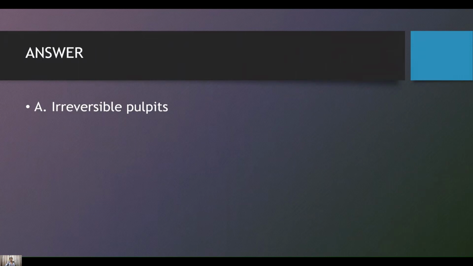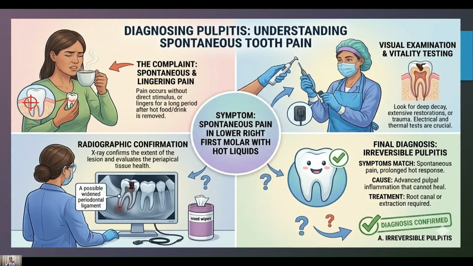Irreversible pulpitis. Here is why this diagnosis fits perfectly. The biggest dead giveaway is that spontaneous pain triggered by hot liquids. In a healthy tooth, temperature changes shouldn't cause sudden unprovoked pain.